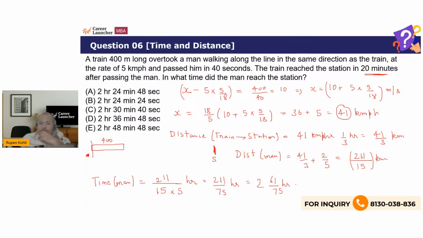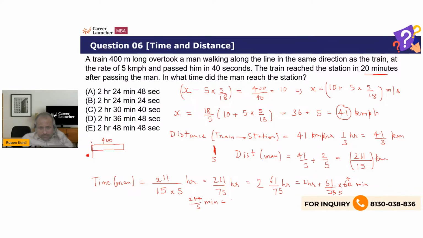And then I need to convert that into minutes further. So let's now break this down. So this is 2 hours plus how many minutes? 61 by 75 into 60 minutes, which I need to further work upon. So just let me work over here with this. 61 into 4, that is 244 by 5 minutes.